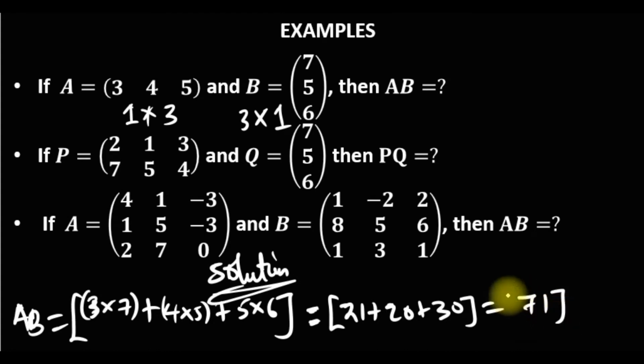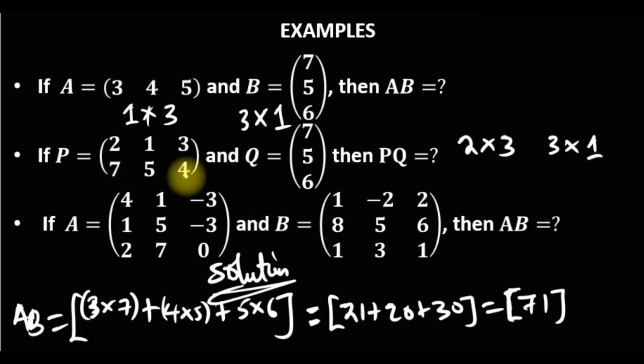So this is our matrix, which is 1 by 1. First row, first column, 1, 1. So that's our answer. So coming to the second one, the first matrix is 2 by 3, while the second matrix is 3 by 1.